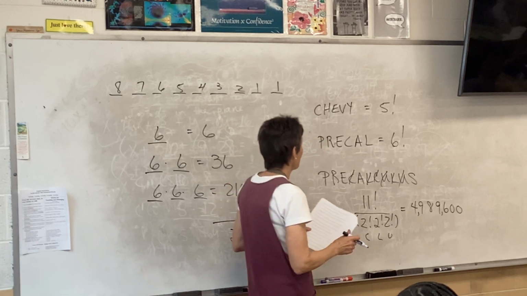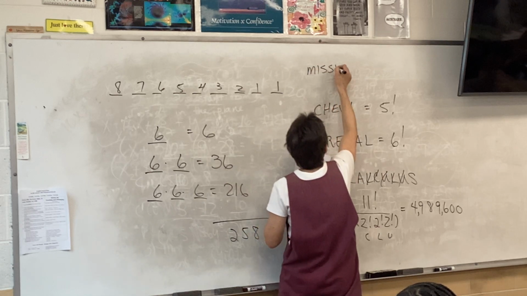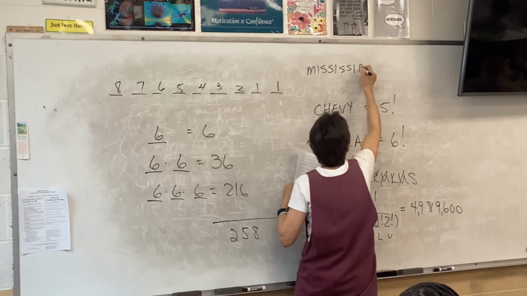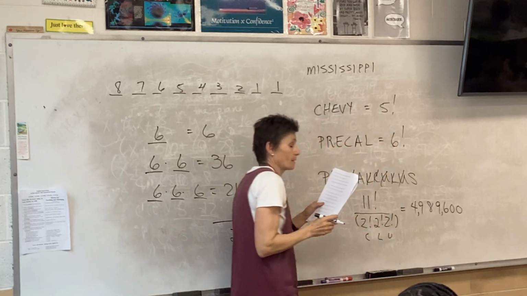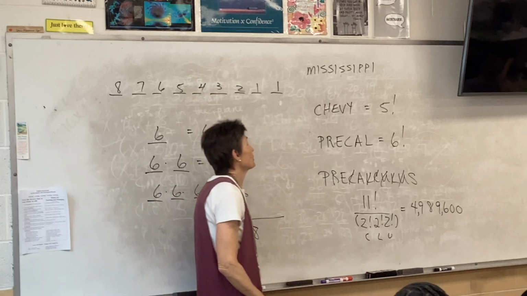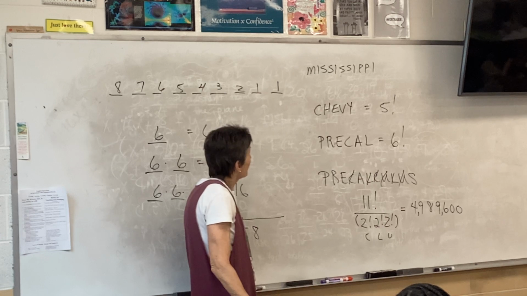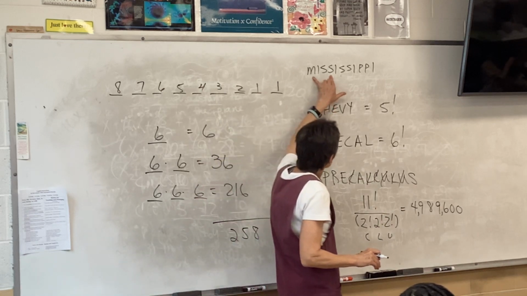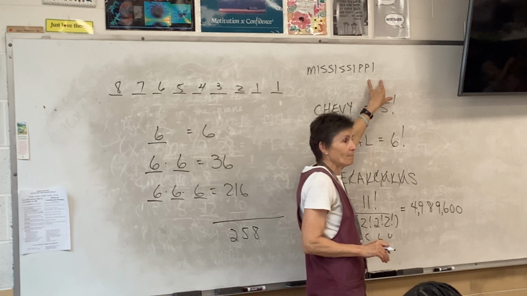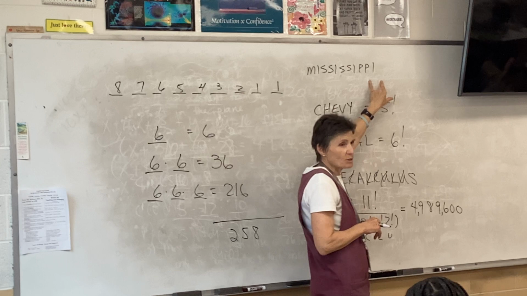All right, so while we're here, let's do Mississippi. So how many ways can we arrange these? Well, again, how many letters are there? I know I told you in the problem there's 11, but I probably won't do that another time. So just count up the letters.